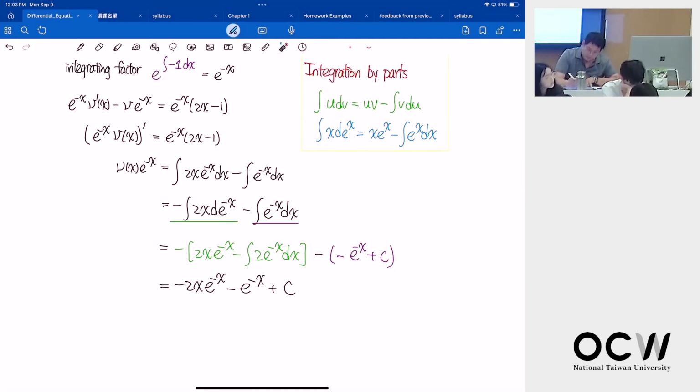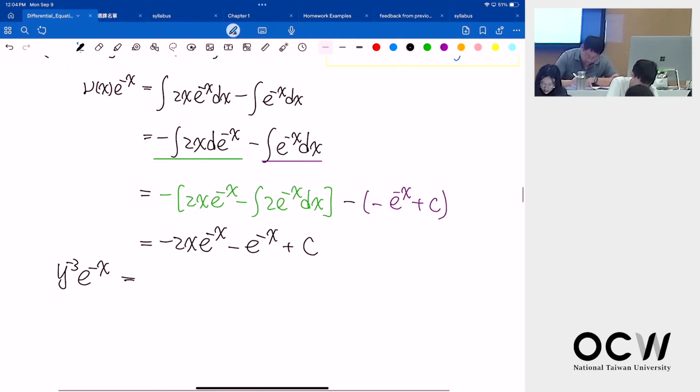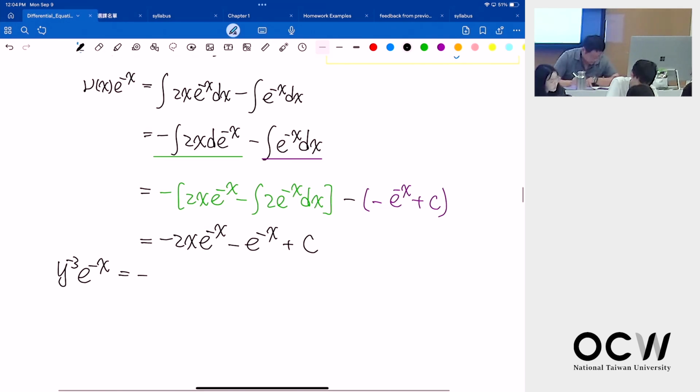Remember that is still your mu of x times e to the minus x. So now you can change the mu back to y. So y to the minus 3 times e to the minus x is minus 2x plus 1 e to the minus x plus c.